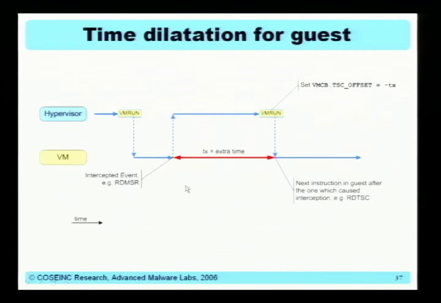So if the guest called the read TSC instruction, which is used for reading the timestamp counter, and remembered the result, and then it called it again here, it will not notice this extra time, right? Just because we subtract this time which we added.